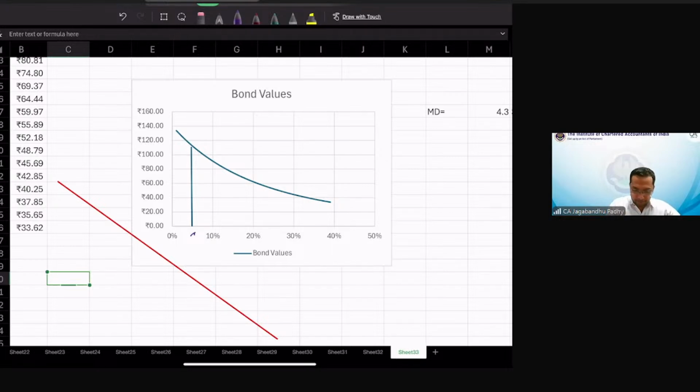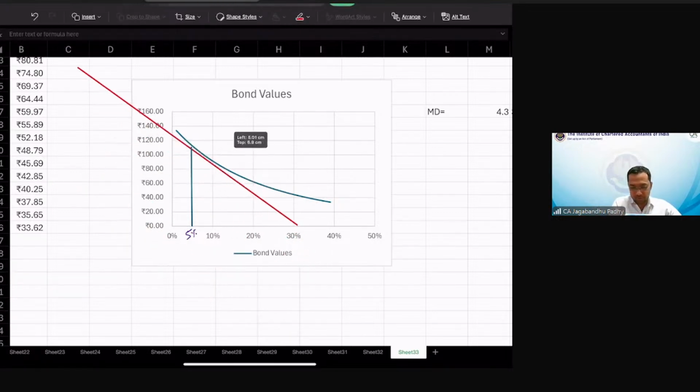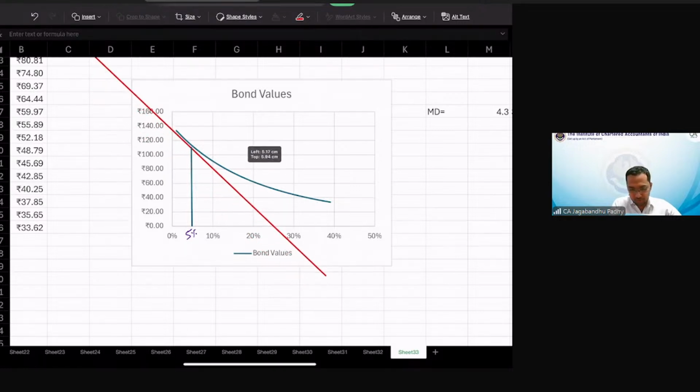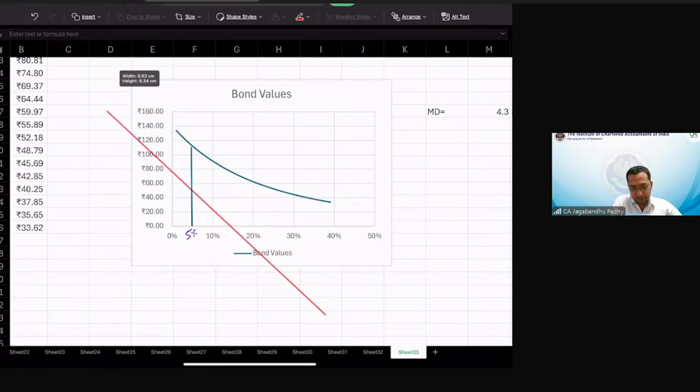Now at this 5%, the modified duration that we computed is essentially the slope. Right. So let me just touch it with this line being a tangent.